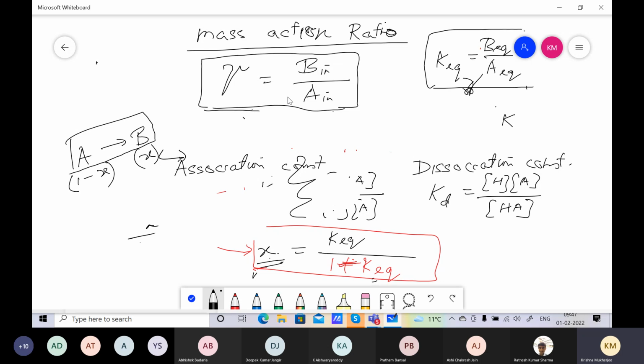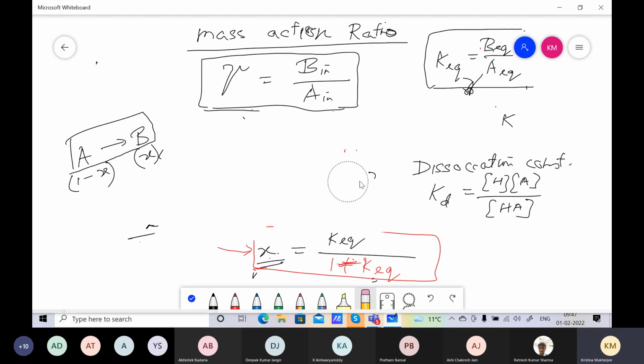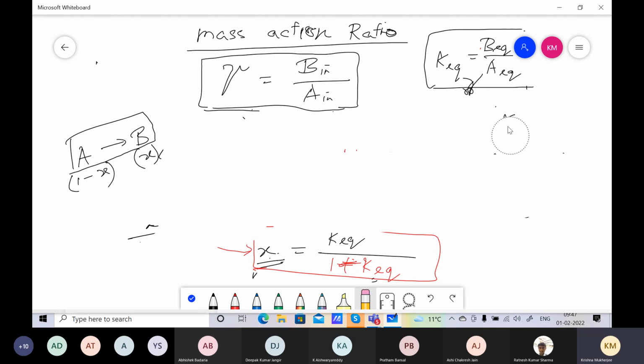Okay, so I will now do one more thing, which is I will define a second term, and I will remove these association constants here. Using this gamma and the definition of K equilibrium, I will define one more term, and these two terms then make life very easy, which is rho, which I will call the disequilibrium ratio.